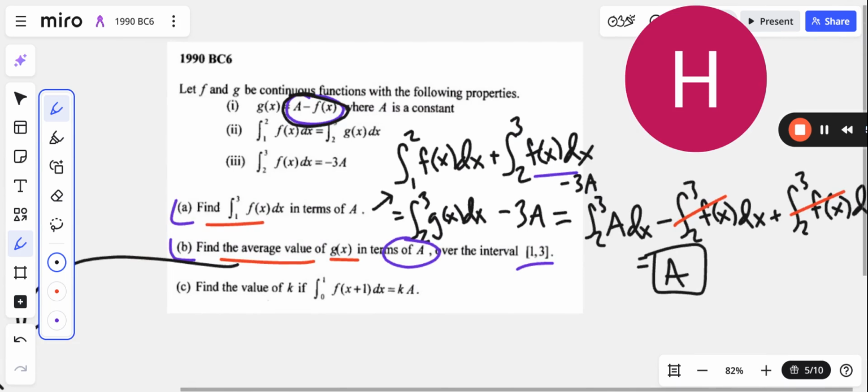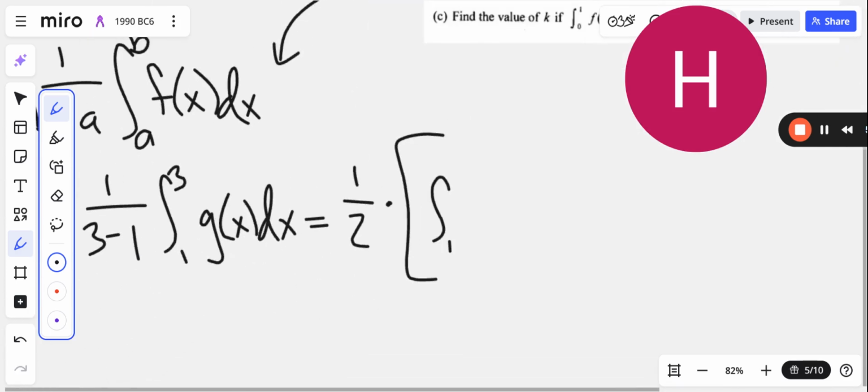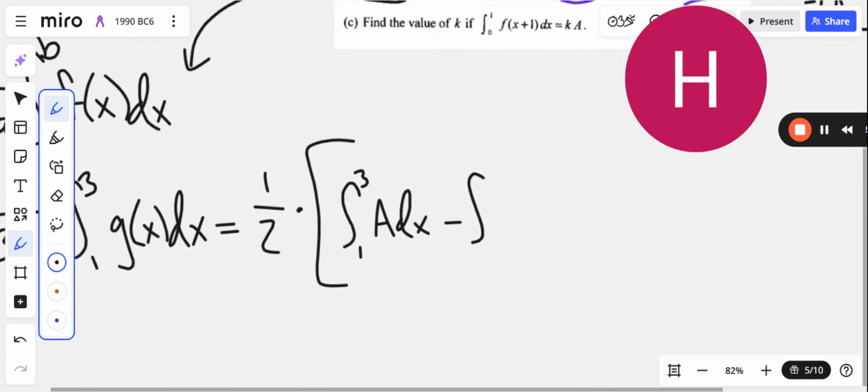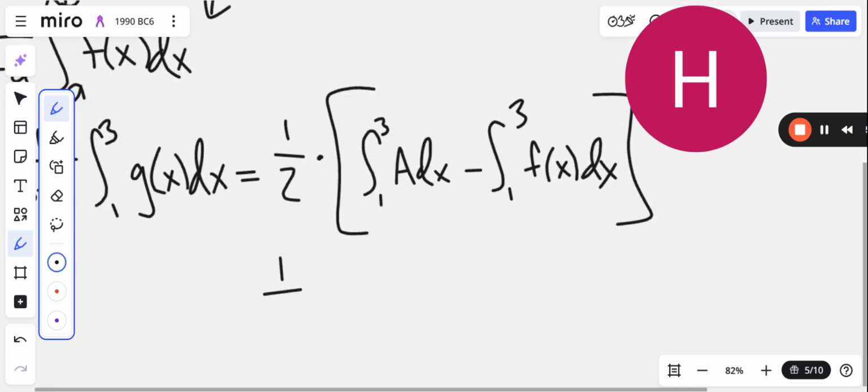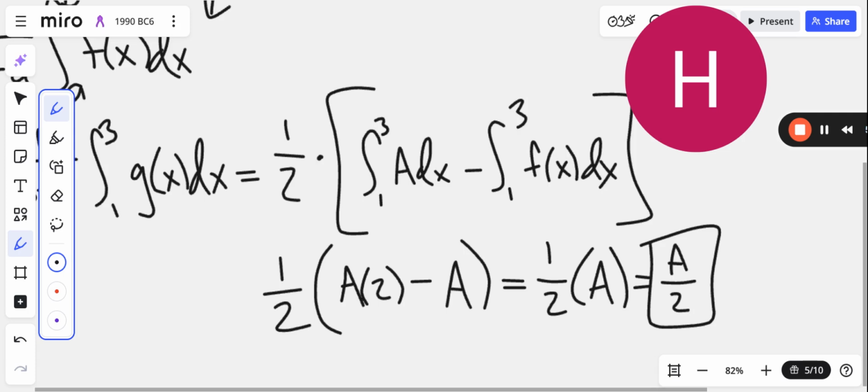We can just replace that with the integral from 1 to 3 of a minus the integral from 1 to 3 of f of x, and that's the part that we've completed already in part A. So this is going to be 1/2 of a times 2 minus this integral, which we already determined was a. So this is just 1/2 of 2a minus a, so just half of a, or a over 2.